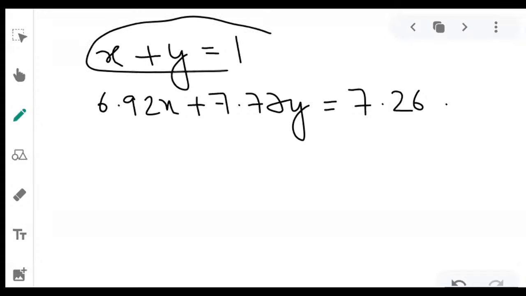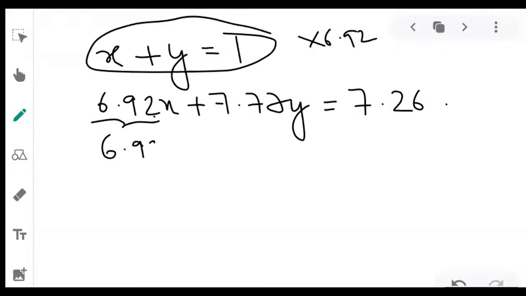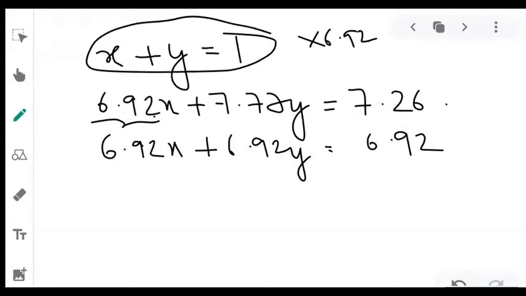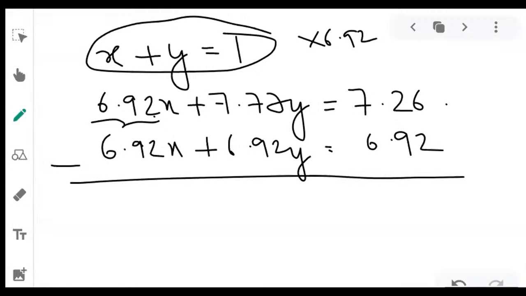We'll do this easily. Multiply the first equation completely by 6.92. If you subtract, what is this value?